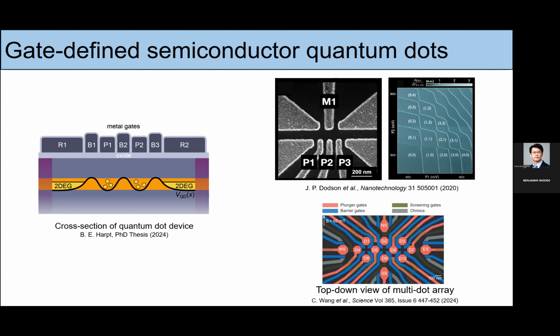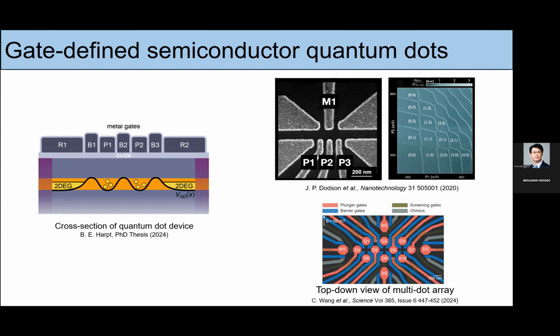If you apply a small enough voltage to these gates, the system is completely depleted, and there are no electrons underneath either of these quantum dots. But then as you apply voltages, you can trap a select number of electrons underneath these dot regions. Indeed, you can see you can get down even to the single electron level, so a single electron resolution.